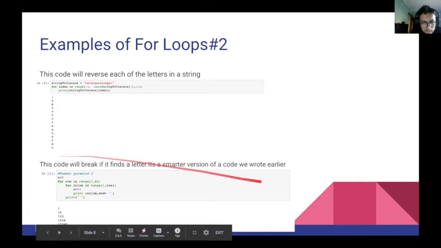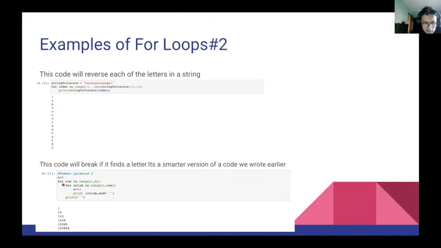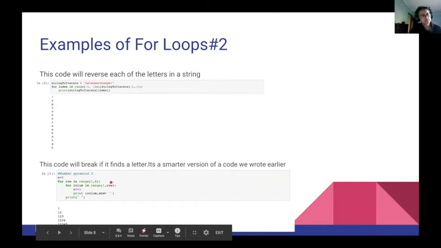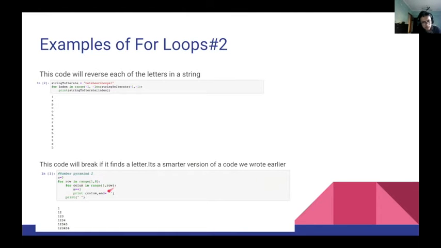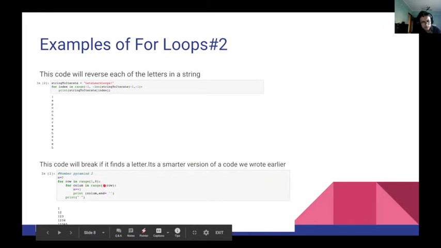n is equal to 0, for row in string. Over here, I've put 1 to row, one dash row, so it's going from one to whatever variable row is.